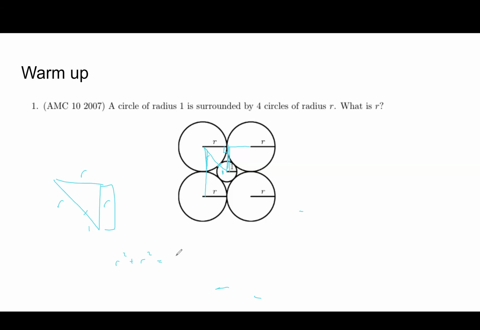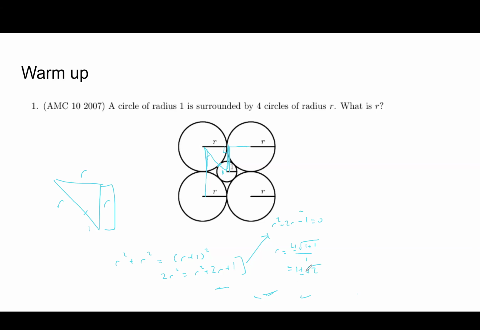Okay, using Pythagoras, we get this, right? This is just a squared plus b squared equals c squared. And then we expand this. Get this, right? If I take this and I solve for the radius using the quadratic formula, then I should get two solutions for my radius, right?